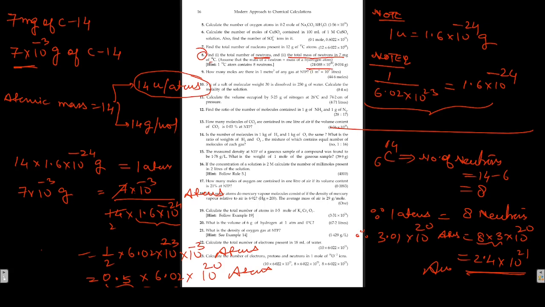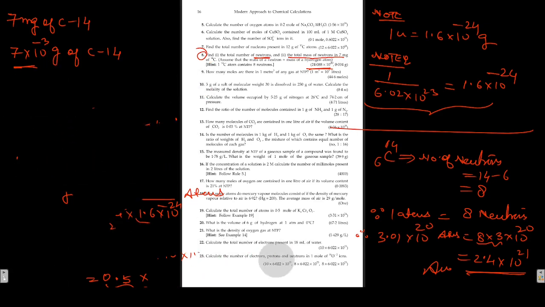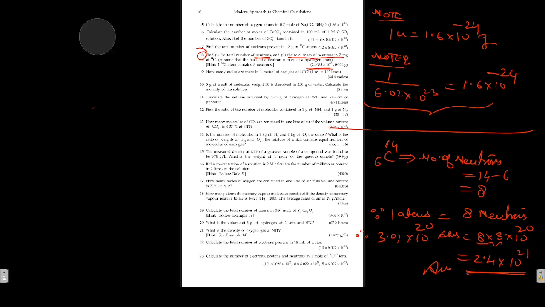Total number of neutrons is this, and the mass of neutrons present in this we have also calculated. One thing you should also remember, I am writing these as approximate values. Why? Because in calculations we have to take approximations.